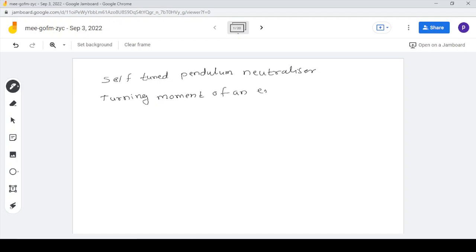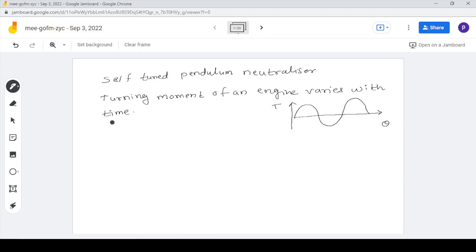The turning moment of an engine depends upon the type of engine we have, either a two-stroke or a four-stroke. If you plot it, on the x-axis we have theta or omega t, and on the y-axis the turning moment. So this could be the graph that we are going to get.